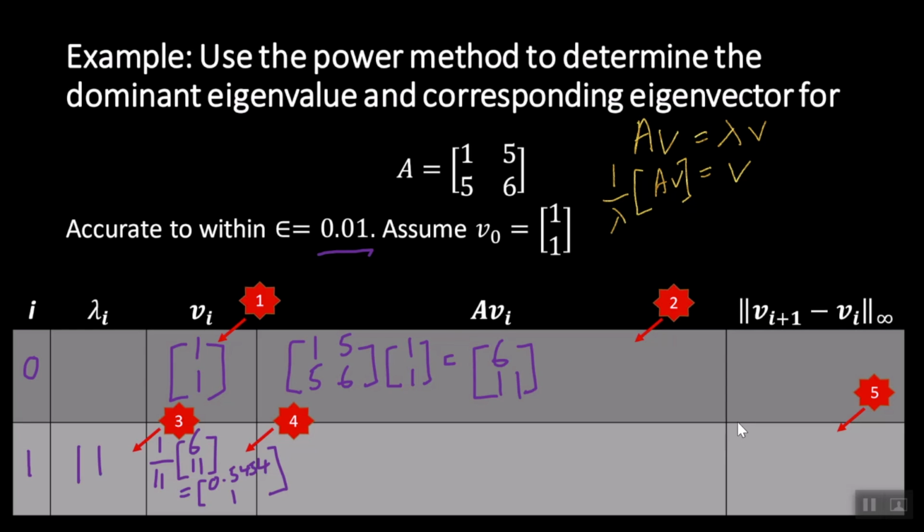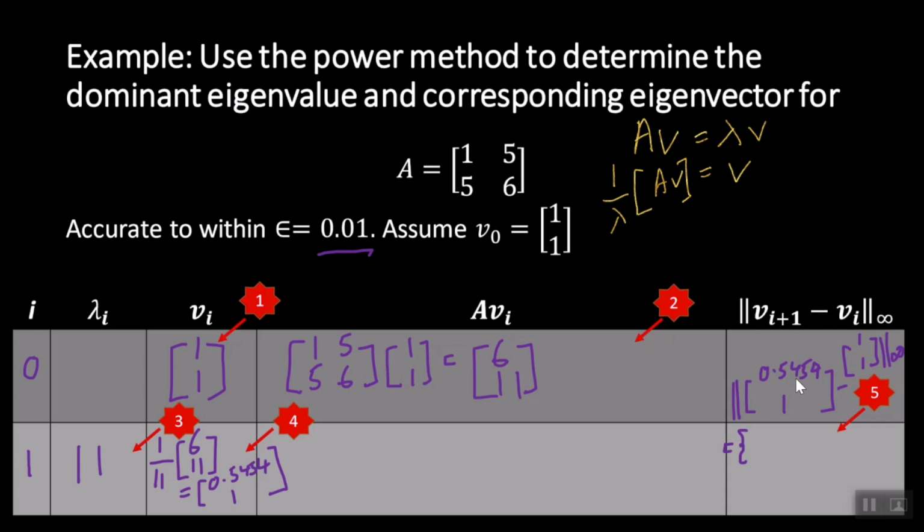So the current eigenvector is 0.5454, 1 minus the previous eigenvector 1, 1, and the infinity norm of this is the maximum of the magnitudes of each element.